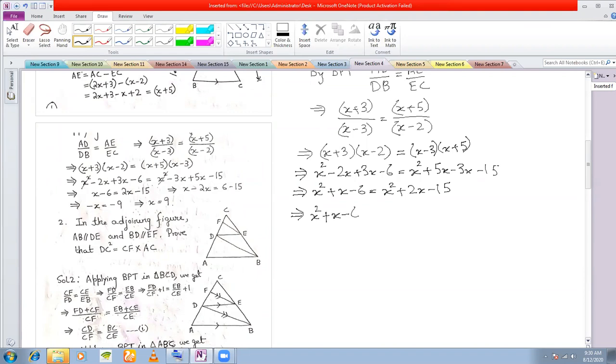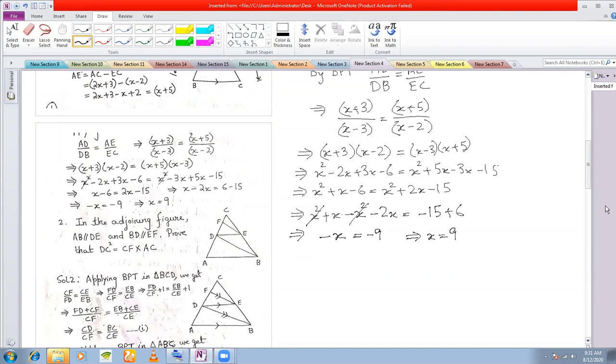Take the 6 to the other side. X square plus X minus X square minus 2X is equal to minus 15 plus 6. Okay, so plus X square and minus X square cancel. You get X minus 2X as minus X, and minus 15 plus 6 will give you minus 9. That means X must be equal to 9.